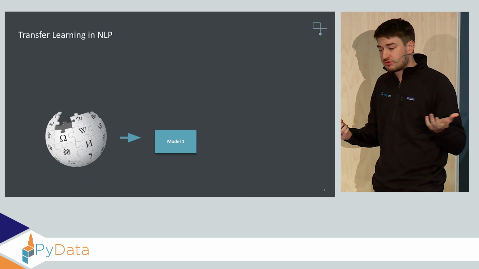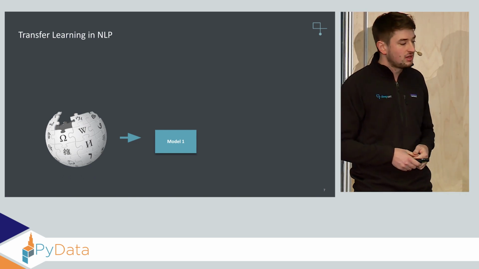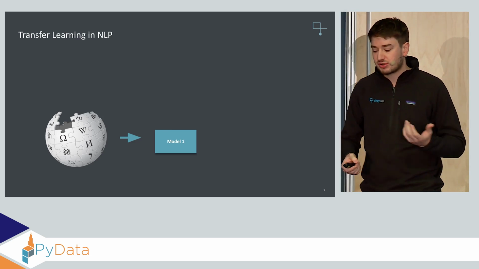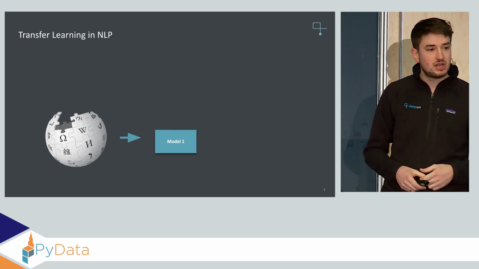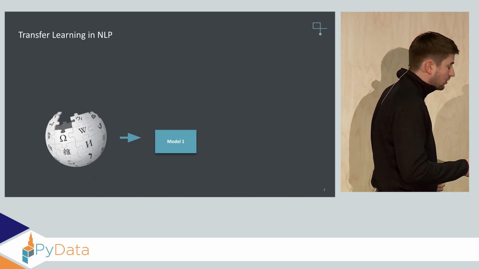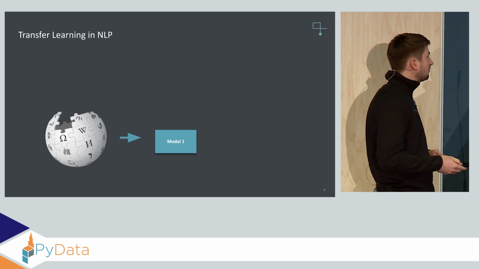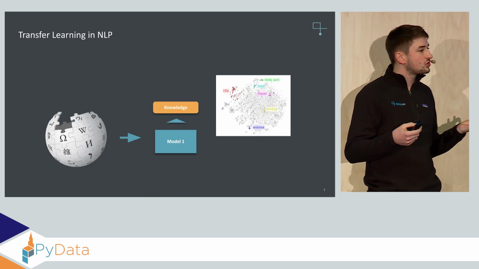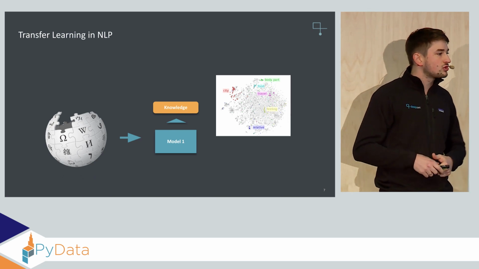So people also tried doing that in NLP, and it didn't really work for a long time. What people tried to do is put in a large text corpus, for example Wikipedia, and learn some kind of model. These models usually also learn some kind of implicit knowledge, some general understanding of language.